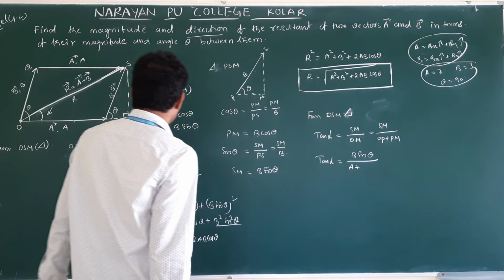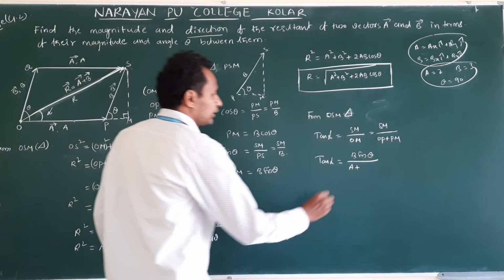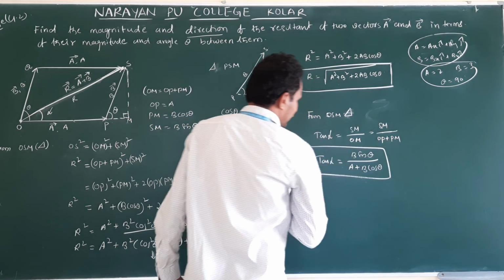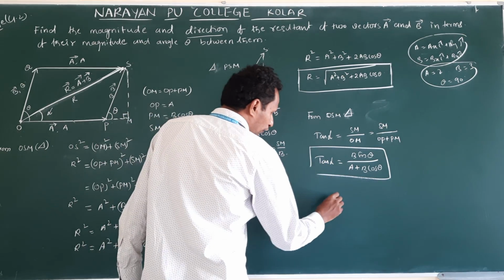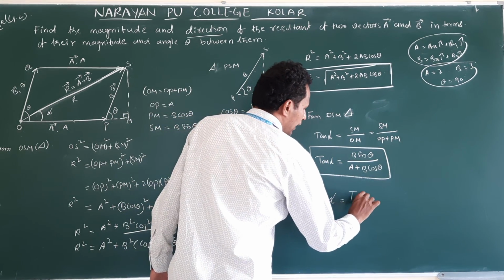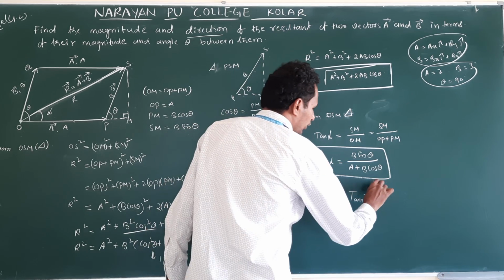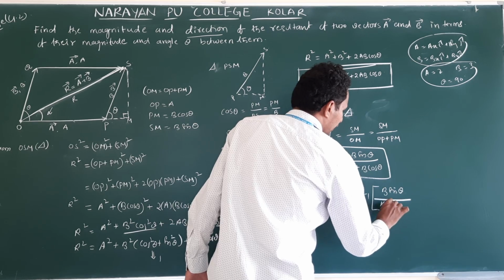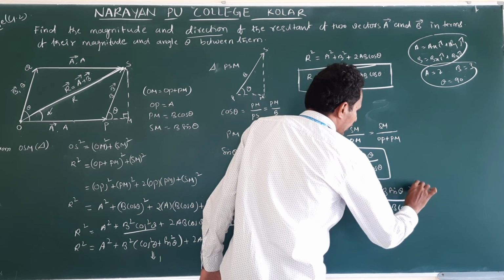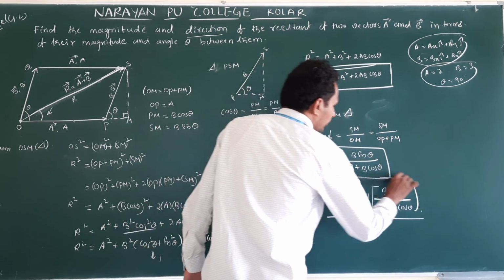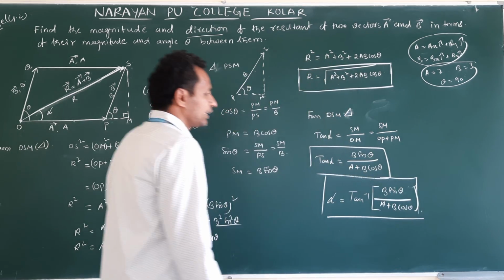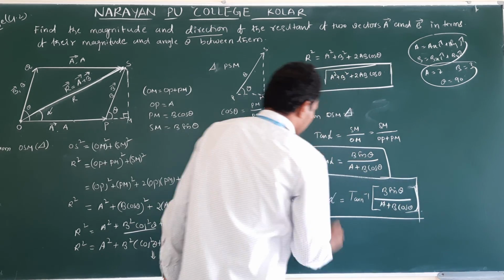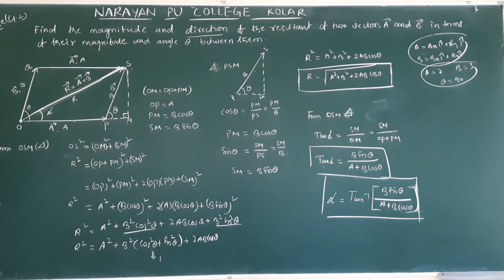A. What is PM? B cos theta. So this is the direction formula. Or alpha is equal to tan inverse of B sin theta by A plus B cos theta. This is the alternate form of this tan alpha. Clear?